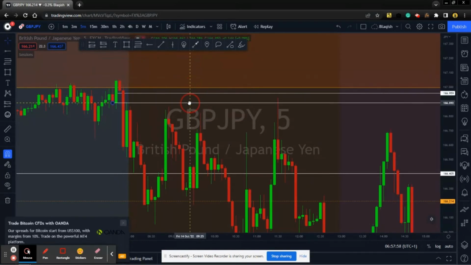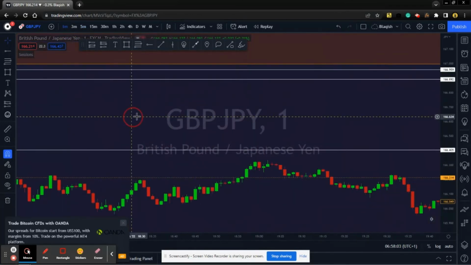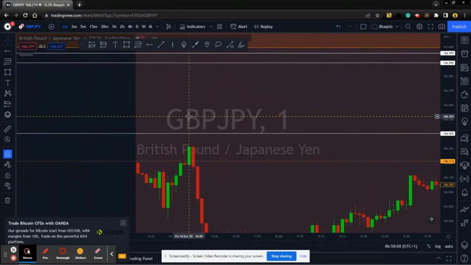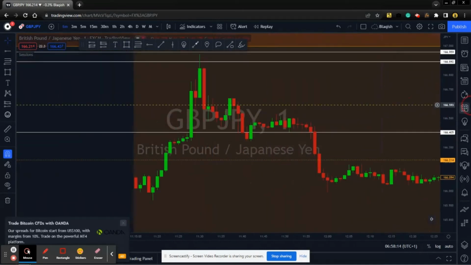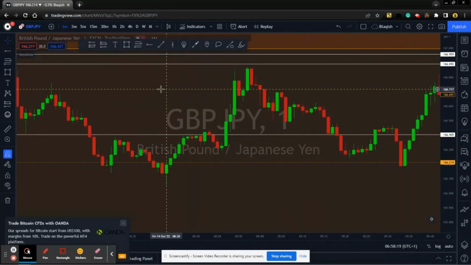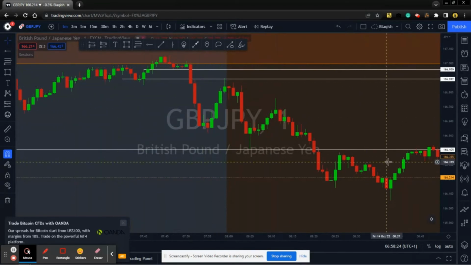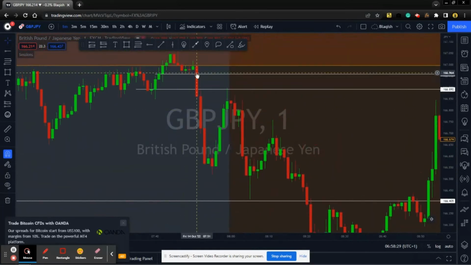Now if you drop on a 1-minute time frame, we had this Asian, we had this imbalance. If you see clearly, the market just dropped during Asian session. When Asian was about to close, the market came up and filled that imbalance.